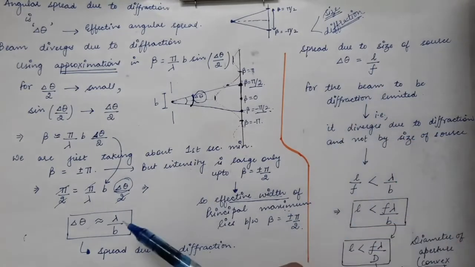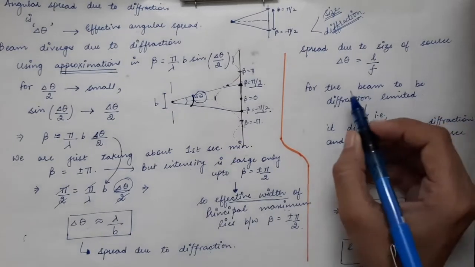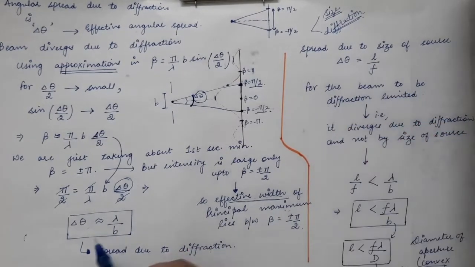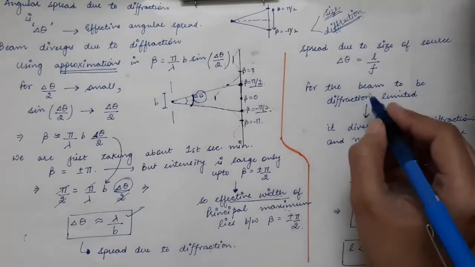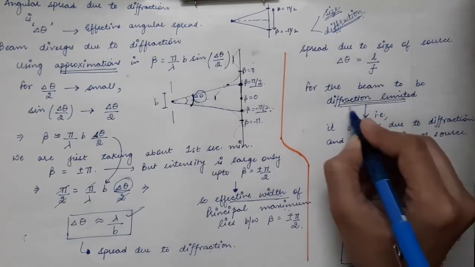And just now we derived the formula for the angular spread of the beam due to diffraction. Now we have been discussing the article of the diffraction limited beam. What is a diffraction limited beam?